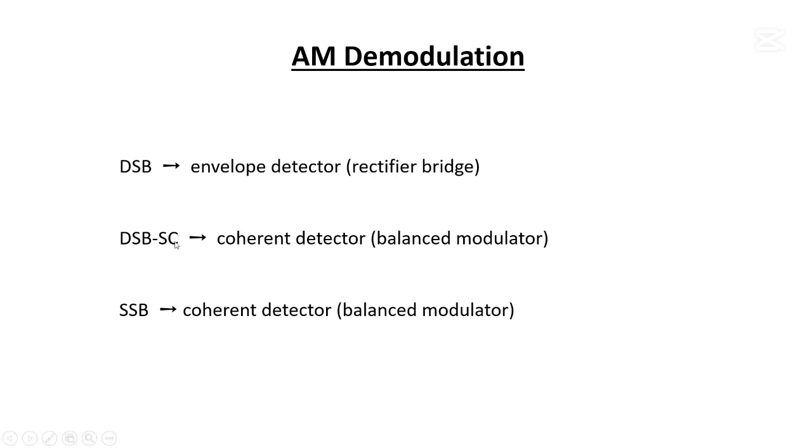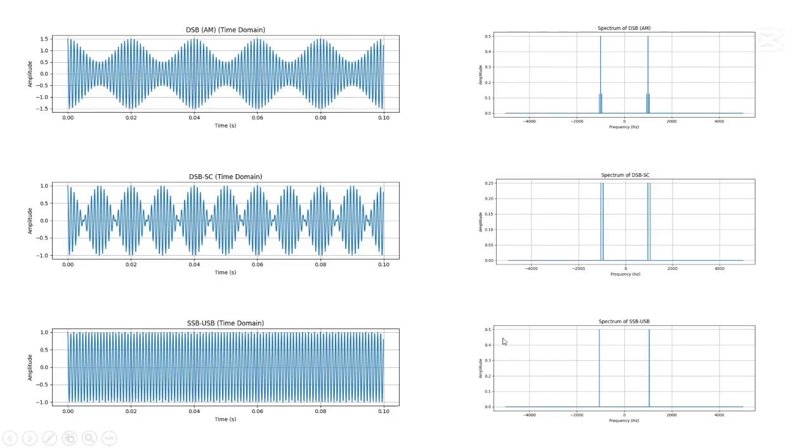And if we have a double sideband suppressed carrier or a single sideband modulated signal, then we will use a balanced modulator for its demodulation.